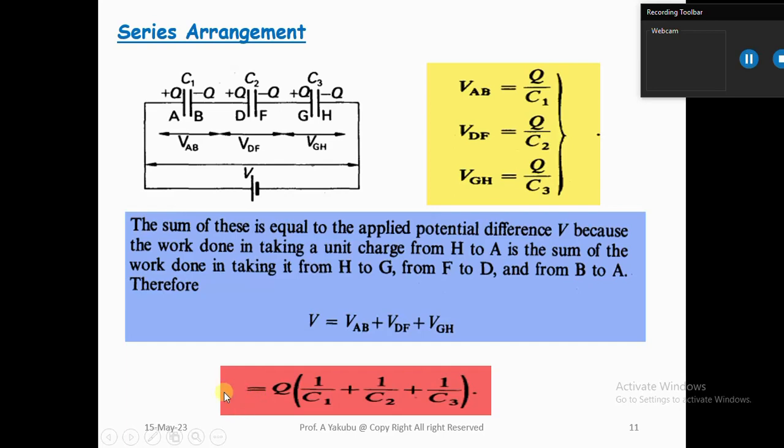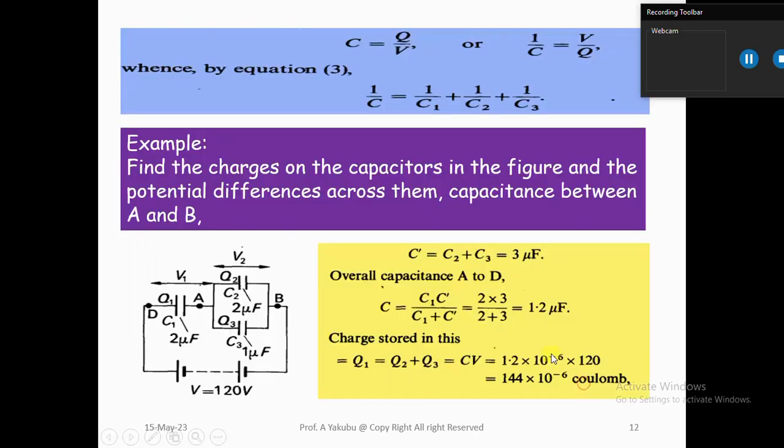Remember, capacitance is charge divided by voltage, or 1 over C is V over Q. So hence, from equation 3, 1 over C is equal to 1 over C1 plus 1 over C2 plus 1 over C3. In series arrangement, it's just C equals C1 plus C2 plus C3.